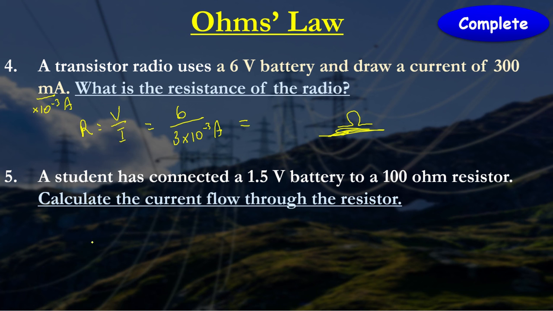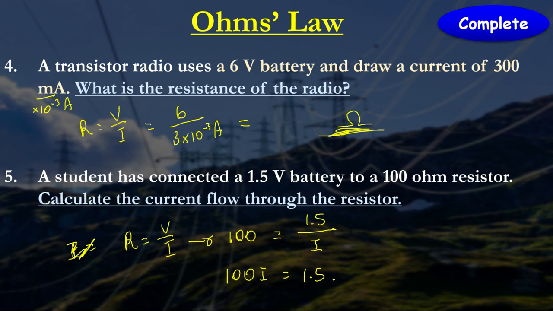The next one we have is the current flowing through the resistance. If we substitute these numbers into our equation, we have a resistance of 100. Rearranging the equation, we get the following, and then we find that the current is 1.5 divided by 100 amps.